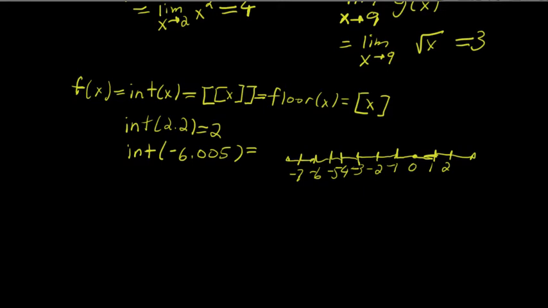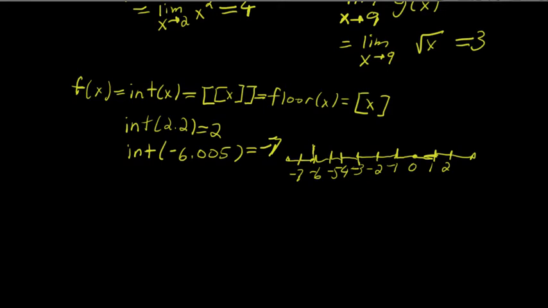And you can see that -6.005 is going to be somewhere here really, really close to -6, but still to the left of it. This is going to be spitting out the value of the biggest integer that still lies to the left on the number line. So that would be -7 here.